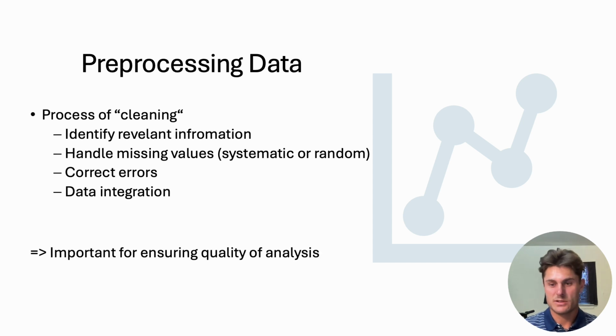Moving on, this is the second step in the data mining process that's really important to me as well. That's why I chose it. It's pre-processing the data. We can say we're cleaning the data we chose to use. We have to identify relevant information. If we get big sets of data, there's going to be a lot of information that, for our question and problem, we might not need.